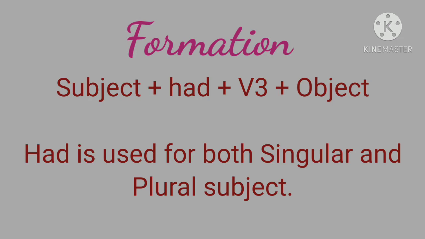So here we don't have to see whether the subject is singular or plural. In both, we have to use had and then the verb 3. As we said, in all the perfect tenses we are going to use verb 3, that is the past participle of the verb.